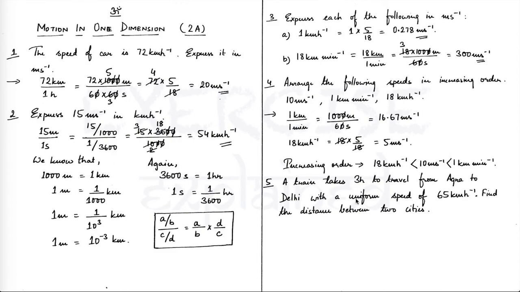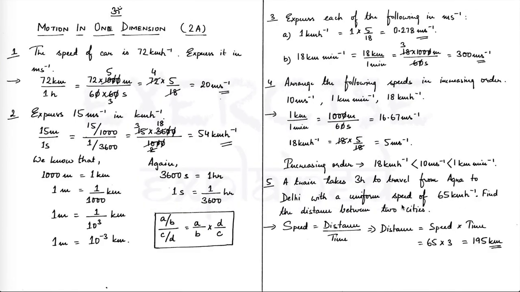Since it is given as uniform speed, it is not a variable speed, it is a constant speed. So we should understand that the train is continuously traveling at 65 kilometers per hour. Here we can directly use the formula speed is equal to distance by time.